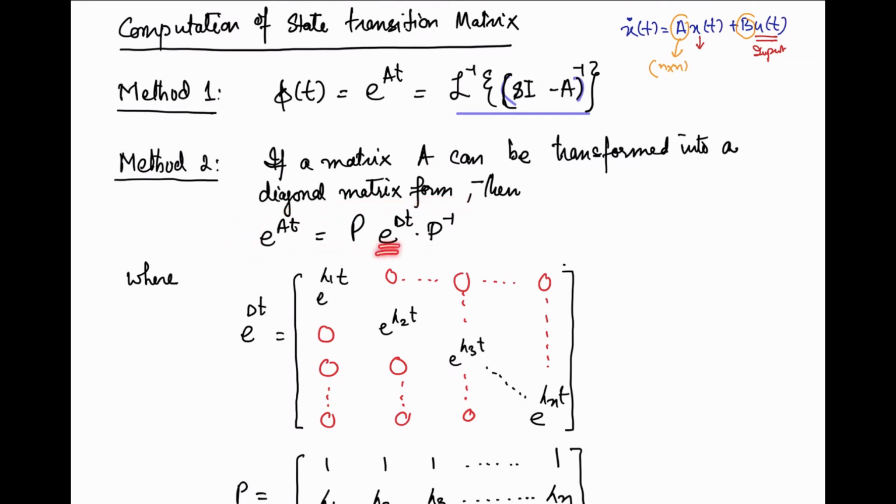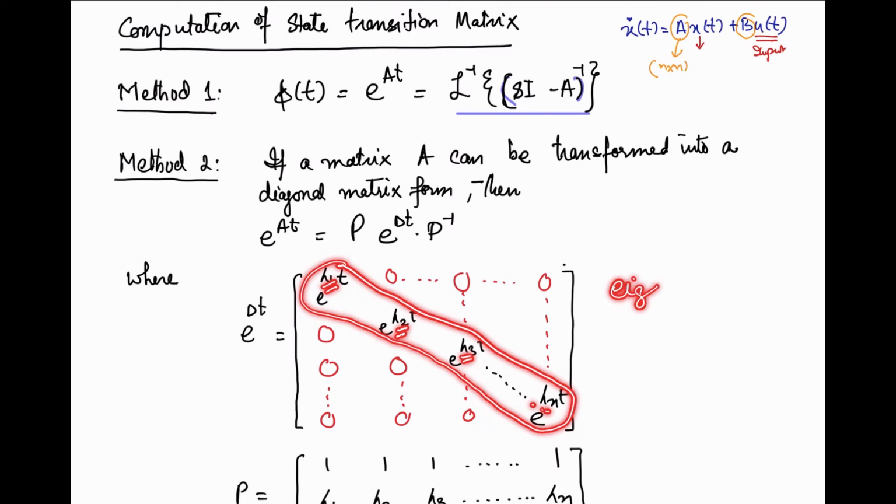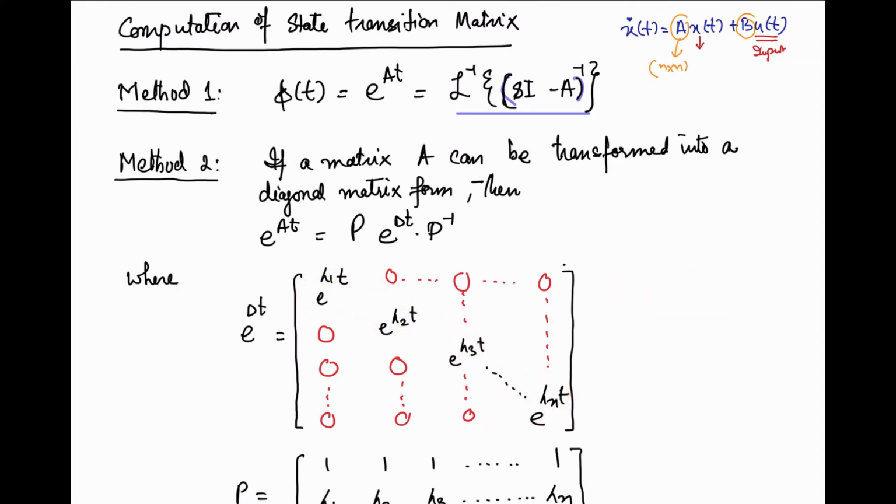So in this e power Λt, this matrix will be given by this equation. These are the terms at the diagonal of this matrix, and in this lambda 1, lambda 2, lambda 3 and so on up to lambda n, these are the eigenvalues. So these eigenvalues are obtained from the characteristic equation of your system.